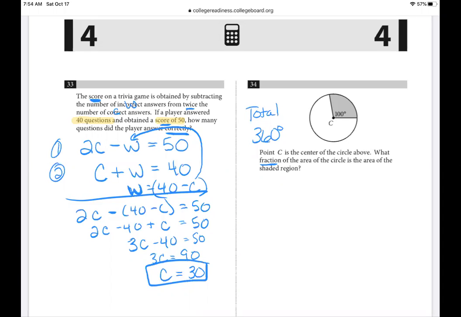So if we just take 100 divided by 360, we will get 5/18. So 5/18, they are asking specifically for a fraction. So you would just grid this in.